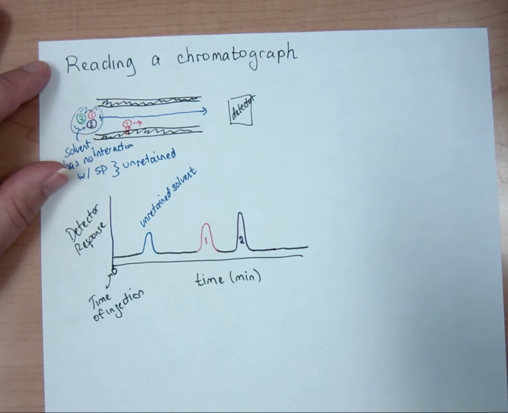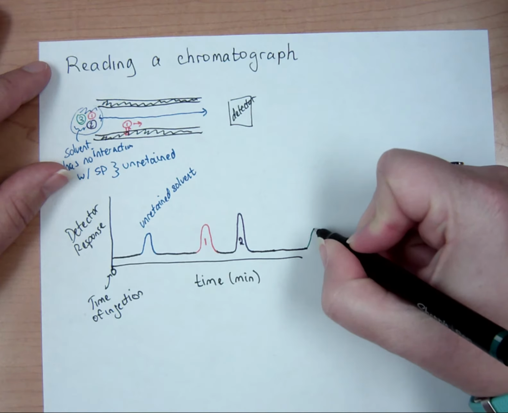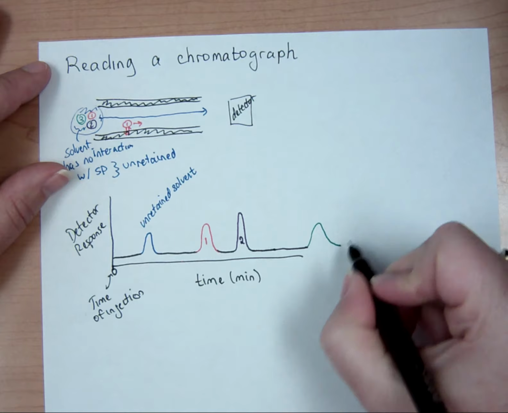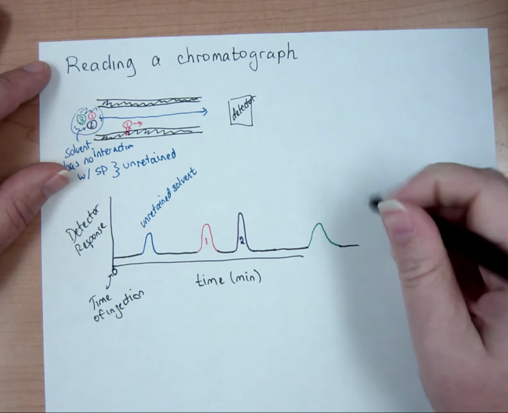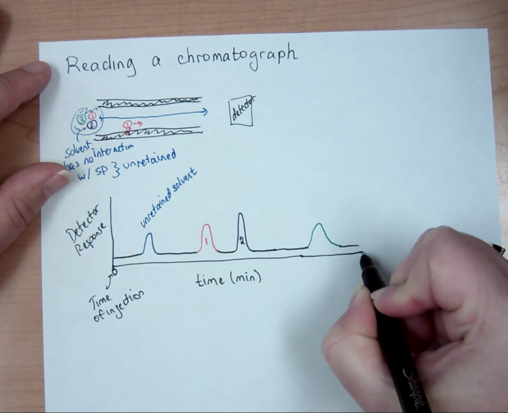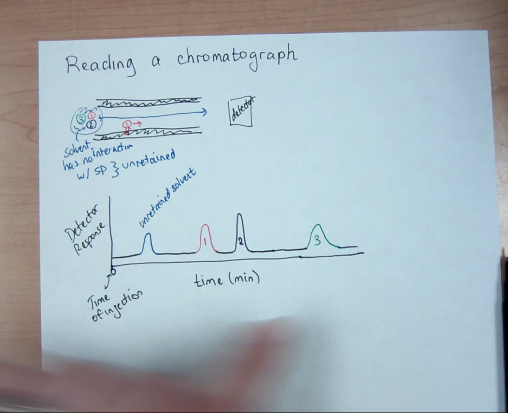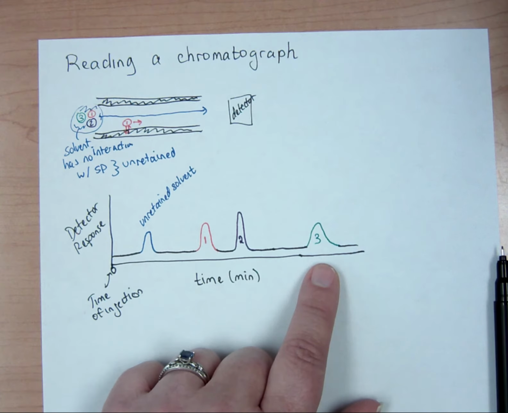Maybe it comes out all the way down here. Okay. And we continue on to the detector until some end time point. This is your analyte 3. So analyte 3 has taken by far the most time to come out.